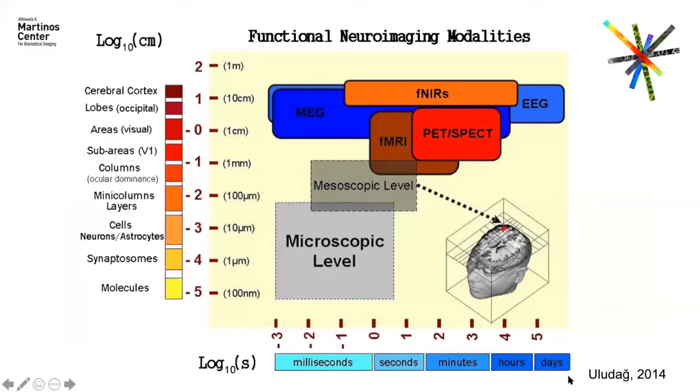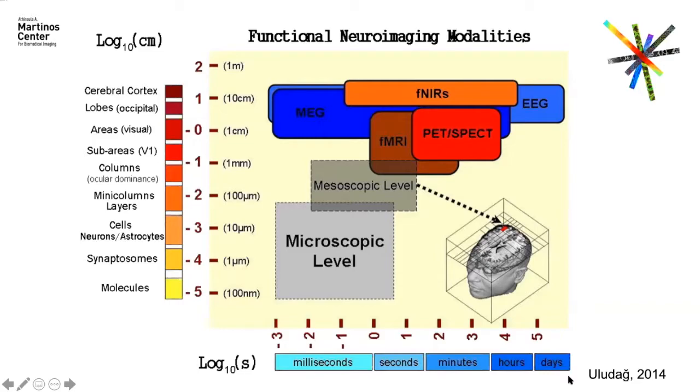Here is a comparison for different functional neuroimaging modalities. We can see fMRI here in brown color, and we can see that the spatial resolution of fMRI is a bit better than, for example, for MEG or EEG. With fMRI, we can get a millimeter spatial resolution, and nowadays we can even get below 1 millimeter in fMRI too.